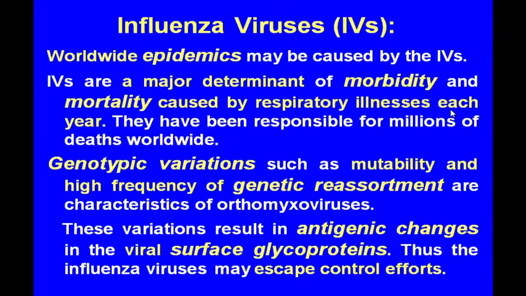Influenza virus is a major determinant of morbidity and mortality caused by respiratory illness each year. Still, coronavirus has not beaten influenza virus yet. So influenza virus is really responsible for millions of deaths worldwide.